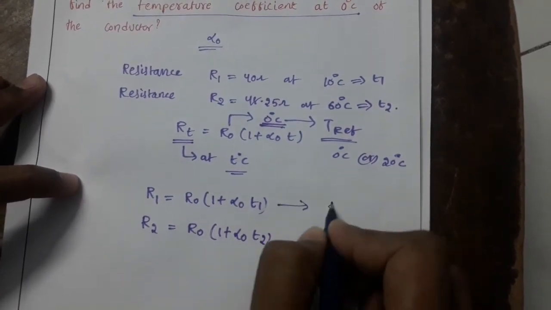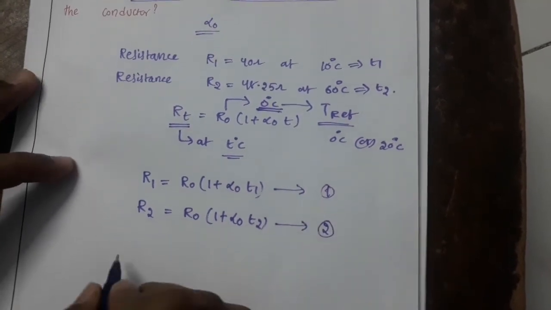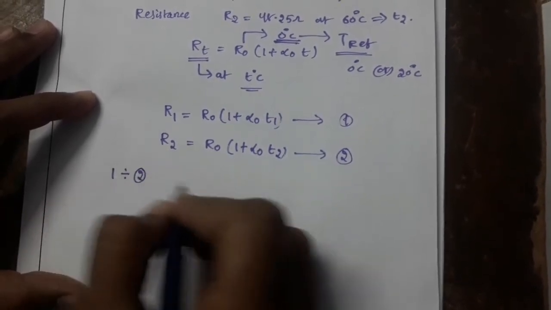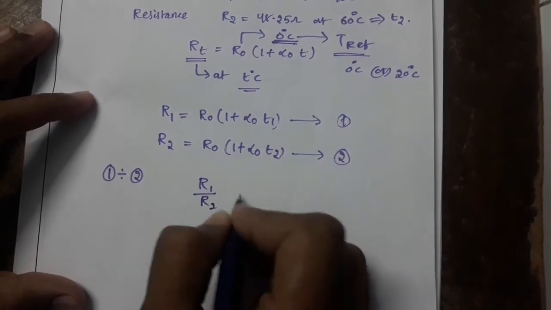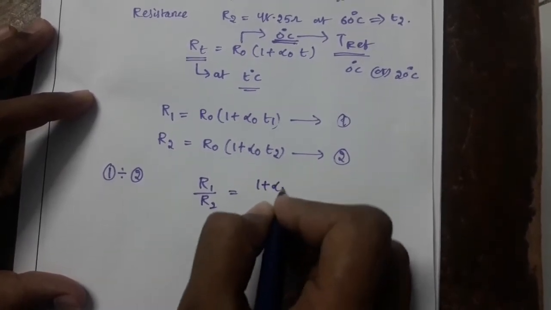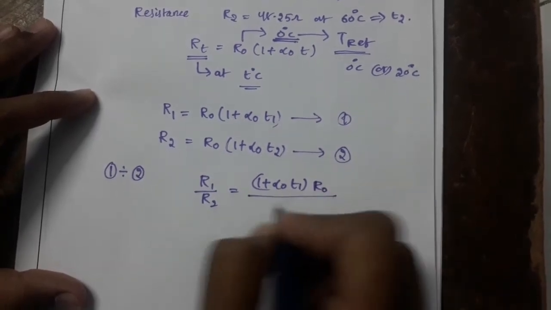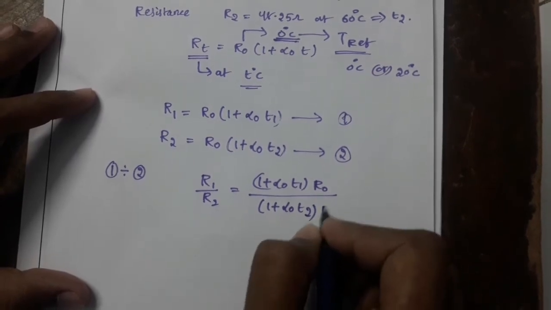I am taking this as equation 1 and this as equation 2. I am dividing 1 by 2. From this I will get R1 by R2 equivalent to R naught into 1 plus alpha naught into T1 divided by R naught into 1 plus alpha naught into T2.